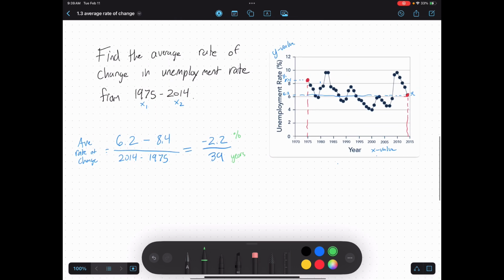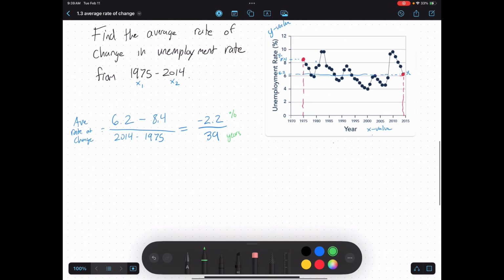So to get my average rate of change, I divide these numbers and I get about negative 0.0564. Once again, what's the units on this? It's percentage points per year. And there we see my unit interval, right, per 1 year.